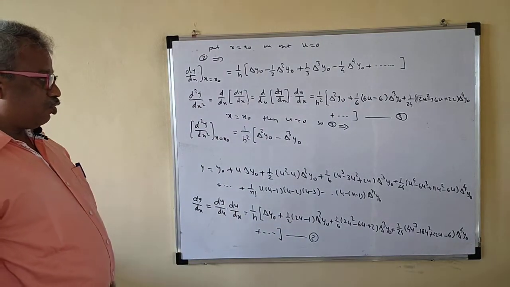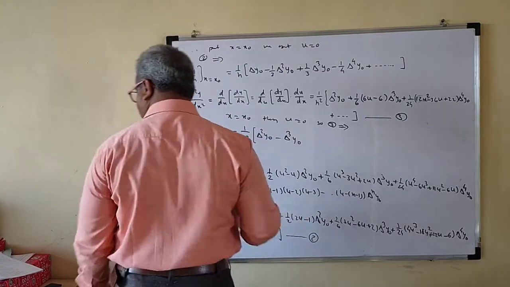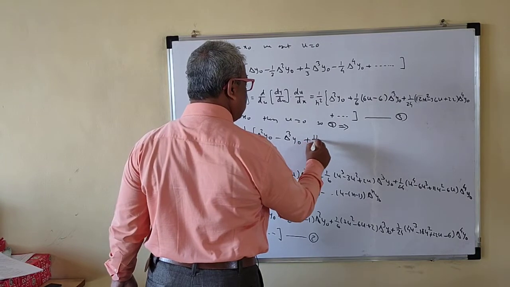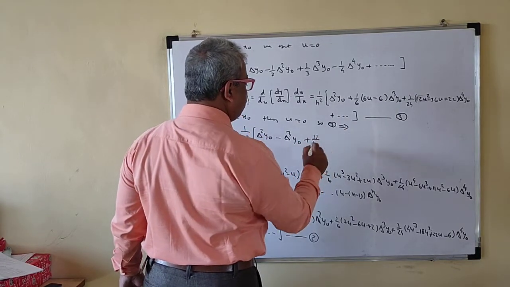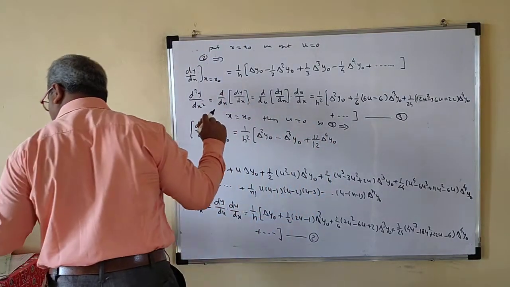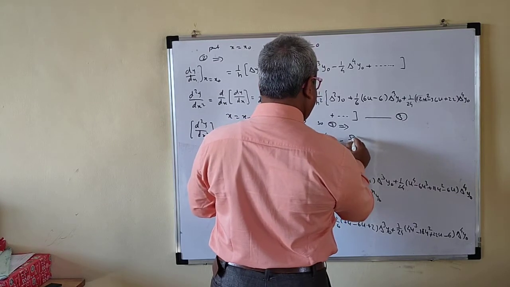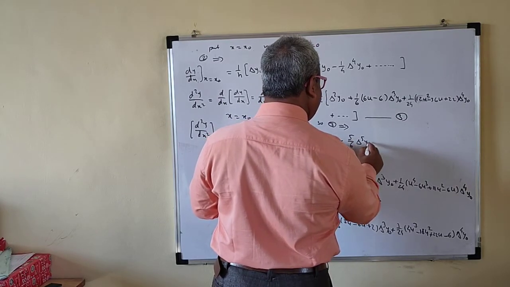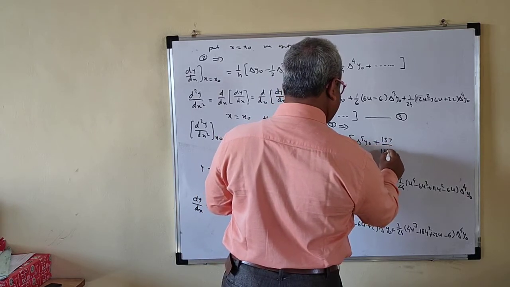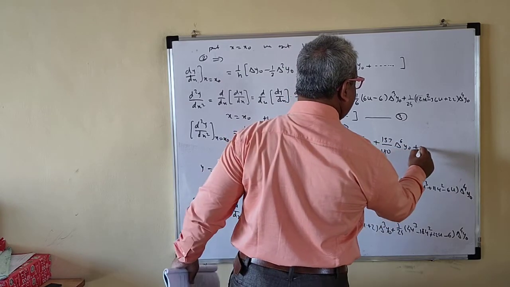So now u is equal to 0. 22 upon 24, so that is 11 upon 12. So this is 11 upon 12 del 4 y naught, minus 5 by 6 del 5 y naught plus 137 upon 180 del 6 y naught plus dot dot dot.